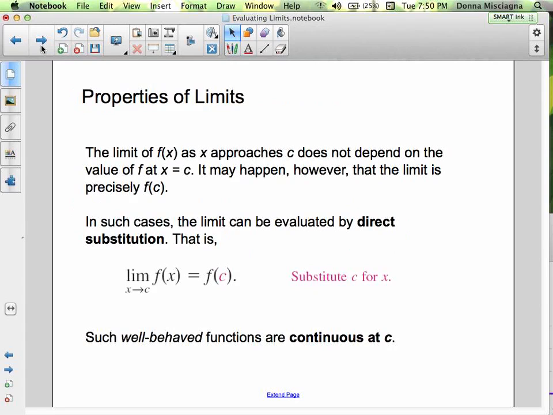That's the properties of limits. The limit of f of x as x approaches c does not depend on the value of f at x equals c. Right? We had the three different scenarios, right?